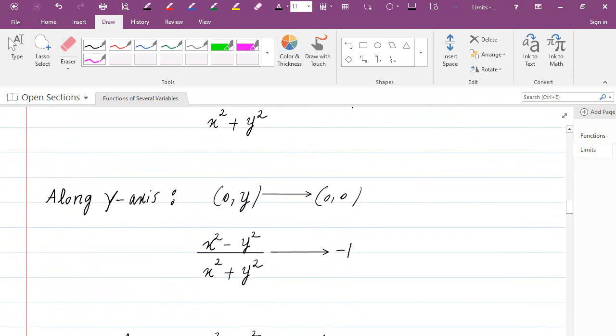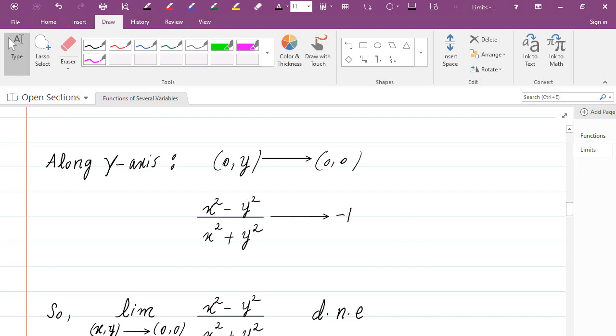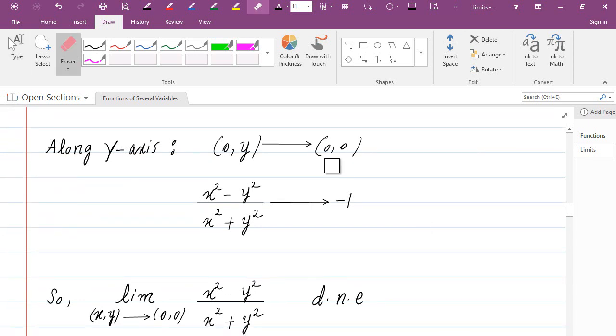Now if we approach the point (0, 0) along the y-axis, this time the x coordinate is 0, so if we delete x squared, we get negative y squared over y squared, so that's negative 1.